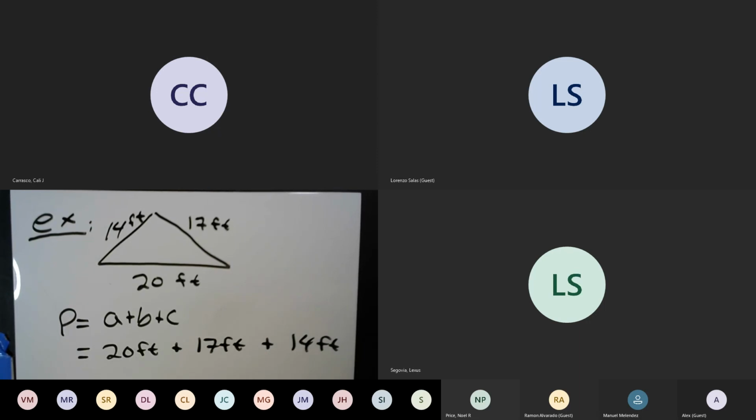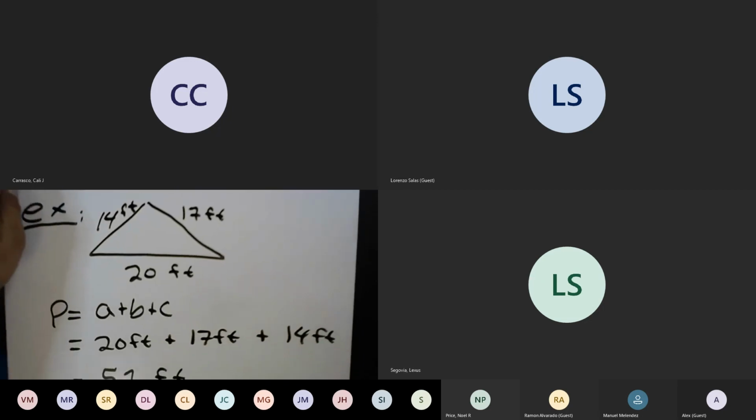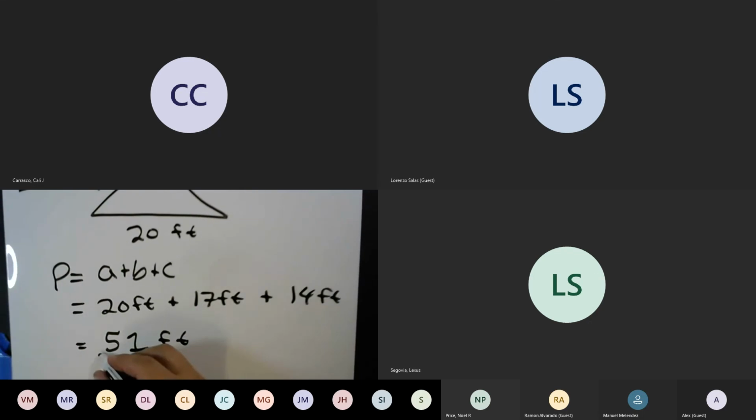That'll be 37, 47, or 51 feet. And that's going to be our answer. Questions about that?